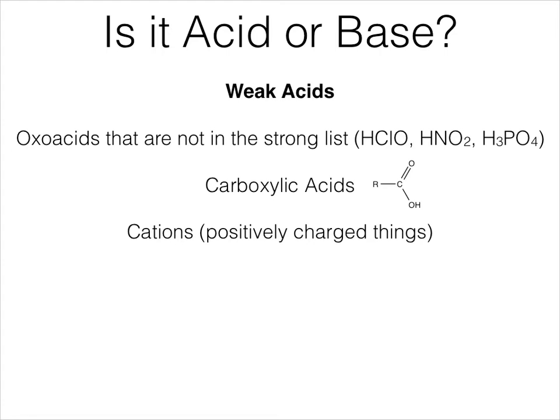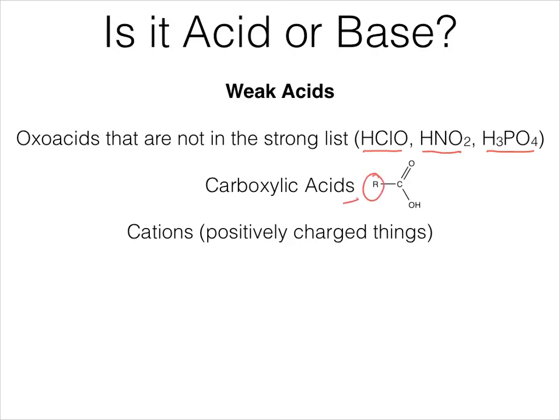Okay, so now that we have an understanding of strong acids and bases, we need to think about weak acids and bases. So weak acids are oxoacids that are not on the list, so things like HClO, HNO2, H3PO4, carboxylic acids. Now, I'm drawing you the structure.